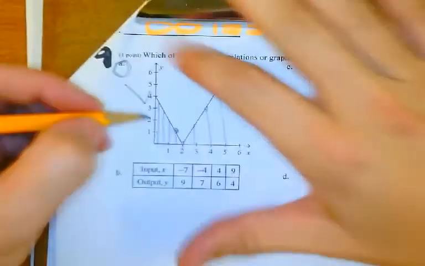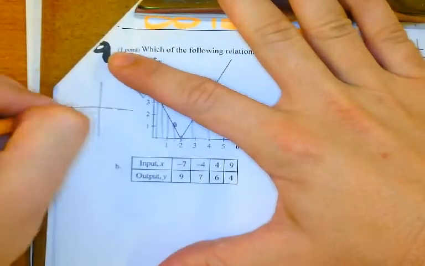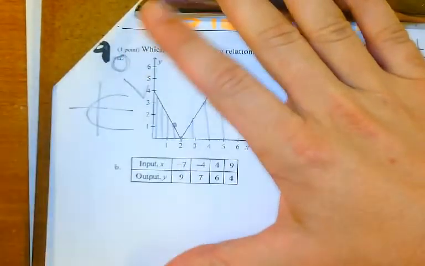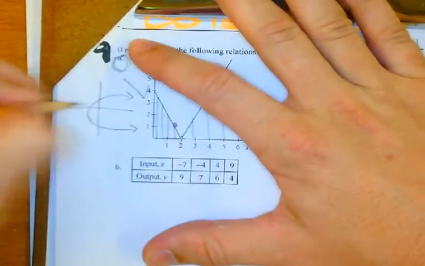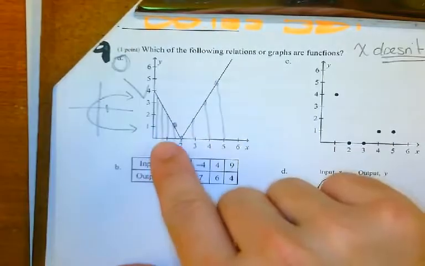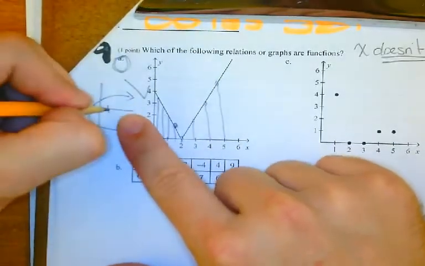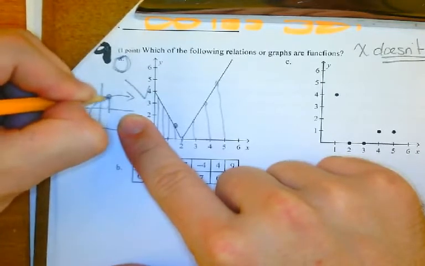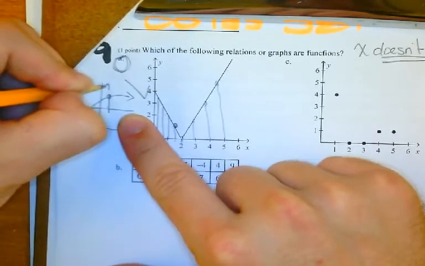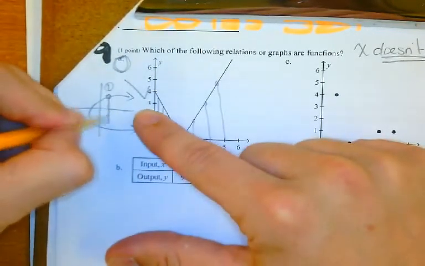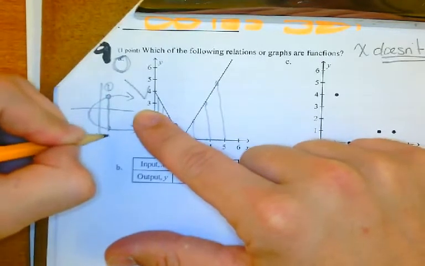Now, a graph of something that is not a function would be like this. Because now what I can do is I can go to the x-axis here, 1, and if I go straight up, I'm going to hit the graph. That's 1. If I go straight down, I'm going to hit the graph. That's 2.